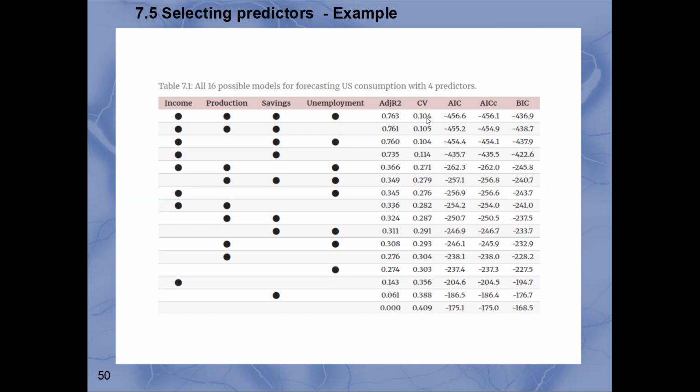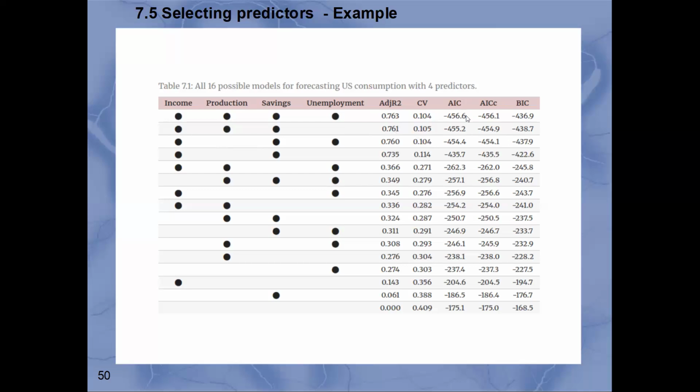If we look at cross validation, if we use all 4, it comes out to be about 0.104. If we use 3 of them, not including unemployment, it comes out to be 0.105. It's about the same. And if we take out production instead, we're still really close.